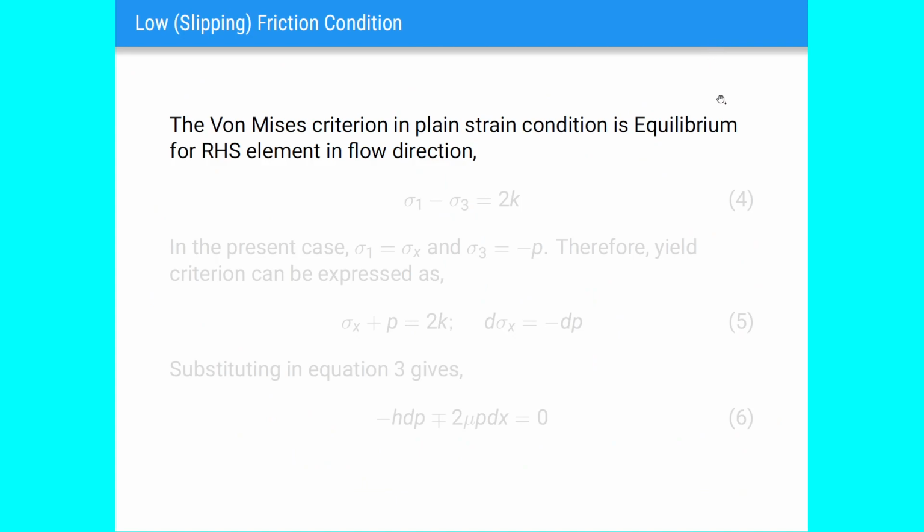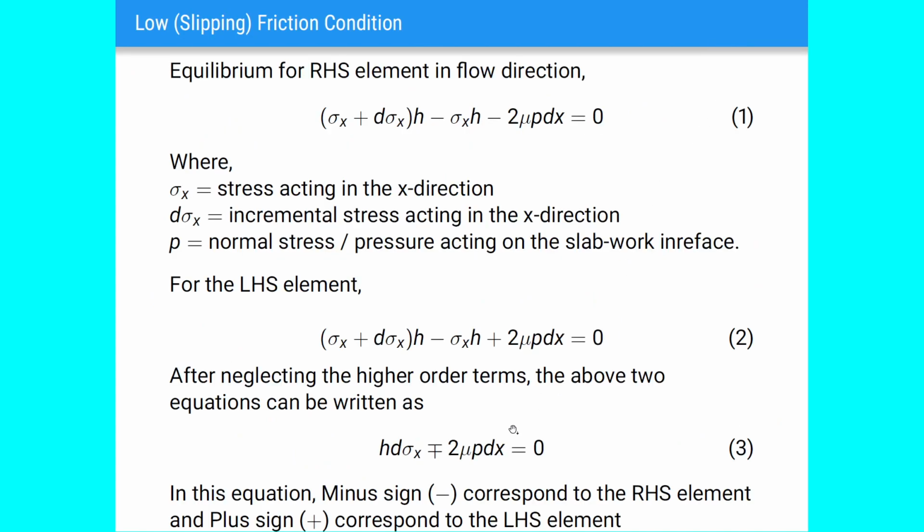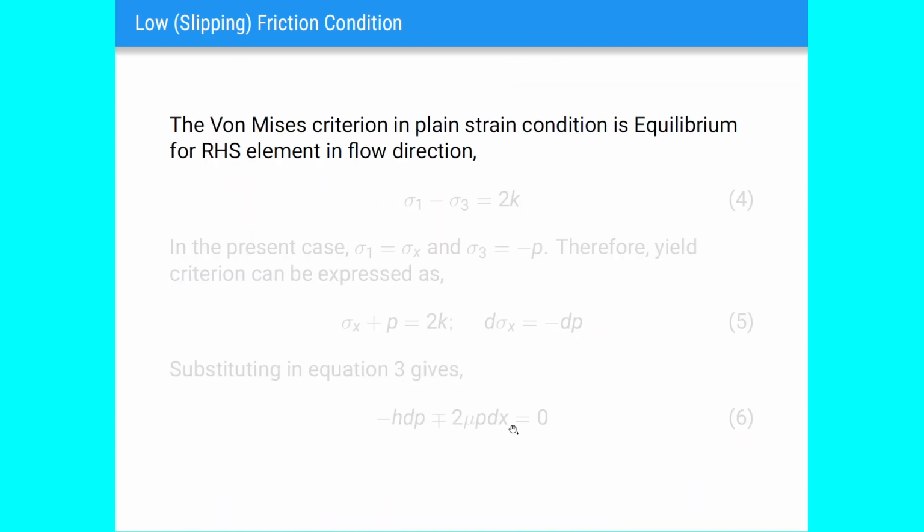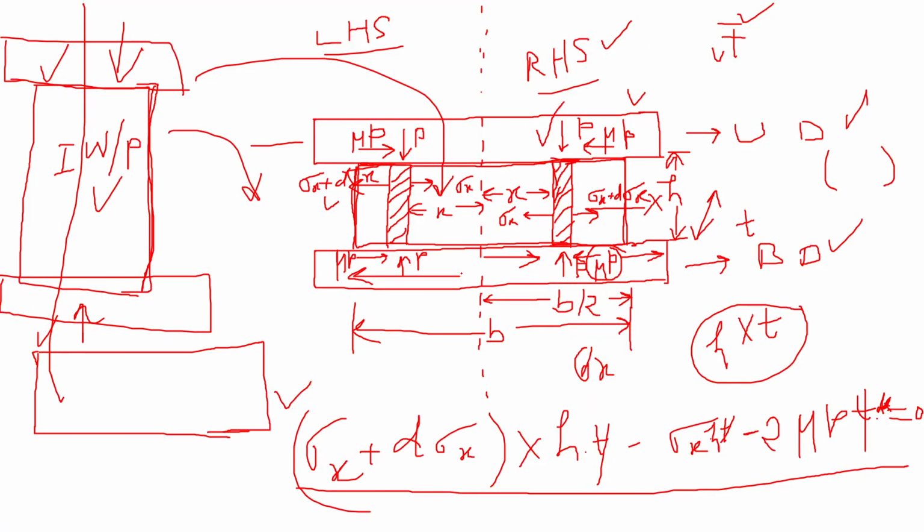Now try to see the von Mises yield criteria. Try to apply this von Mises yield criteria. We are discussing this method, assuming that friction is low, or you can say there is nearly zero friction in this first case.